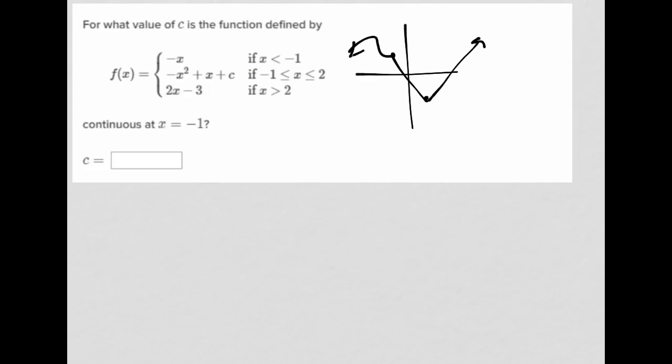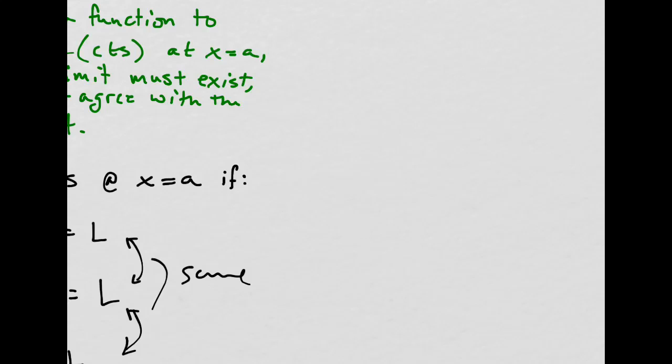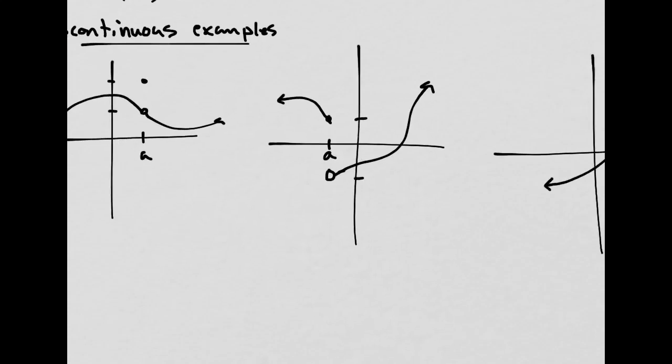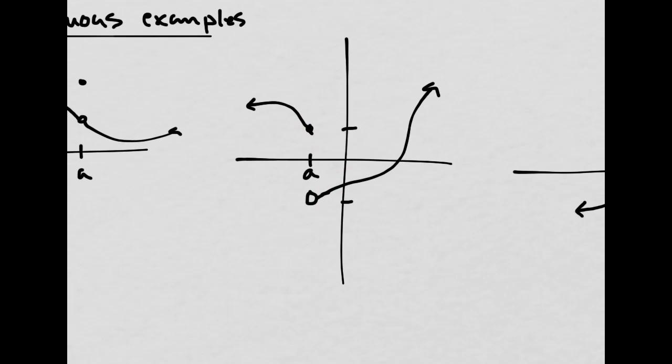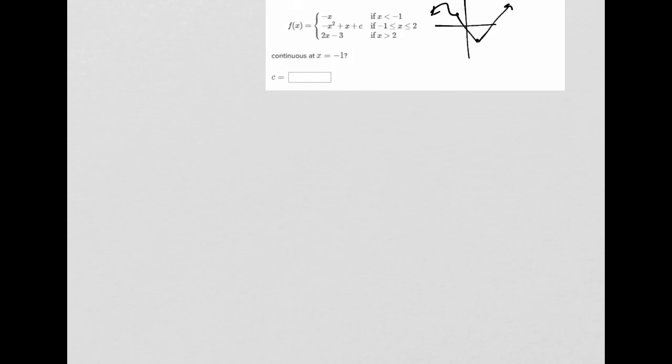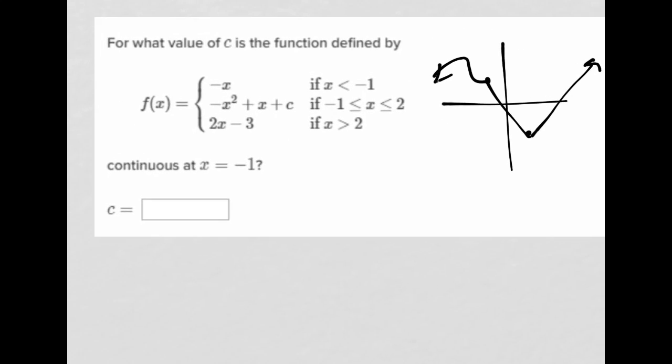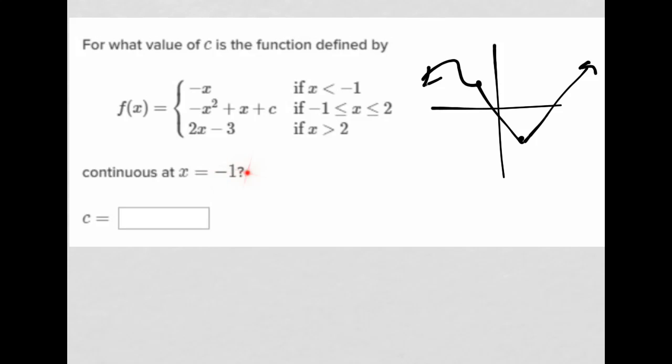But what we're concerned with is the part where it switches over. Because we have, say, this function, we're concerned with where it switches over to this function. Because if it switches over in a bad way, we could have something like this, right? But we want to force this to be continuous, because it's saying what c value will make it continuous.